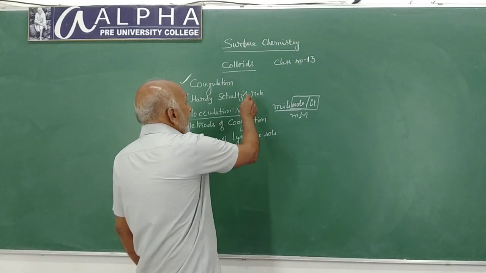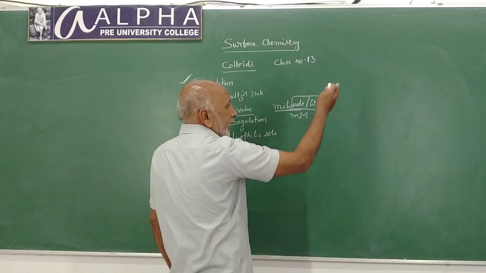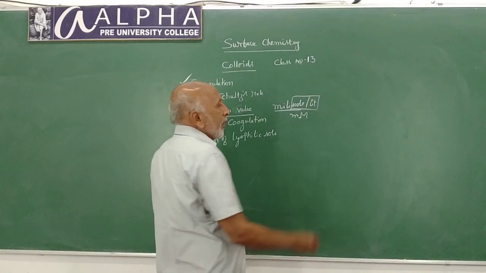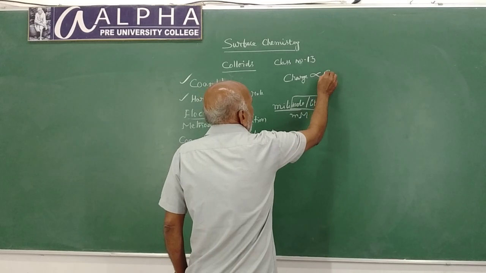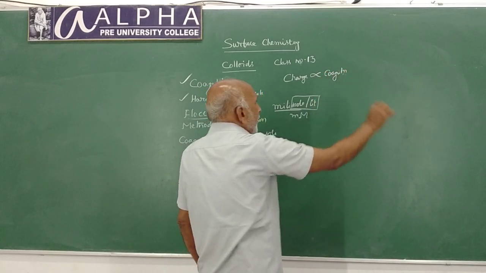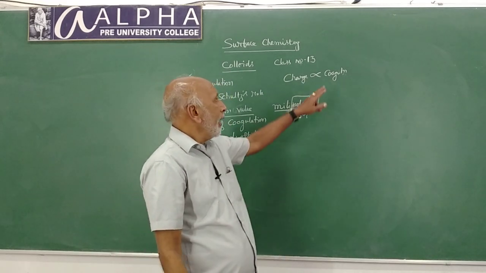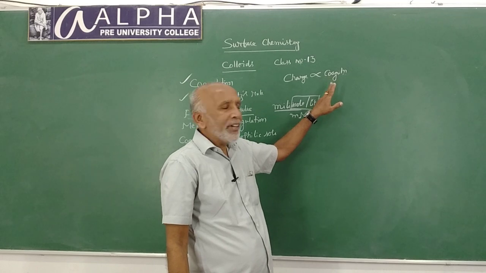See, Hardy-Schulze rule states higher the charge, greater the coagulation. Charge is directly proportional to coagulation. So, higher the charge, higher will be the coagulation. Lower the charge, lower the coagulation.